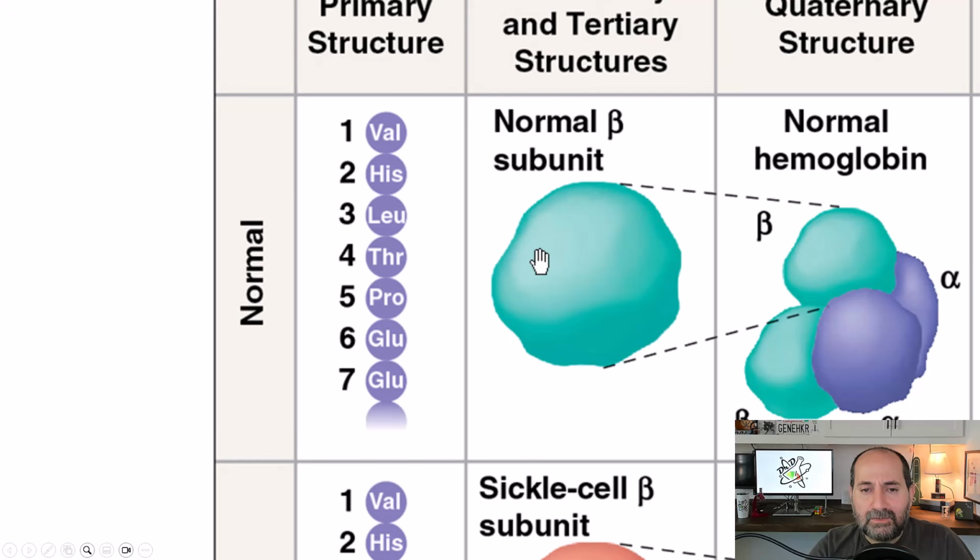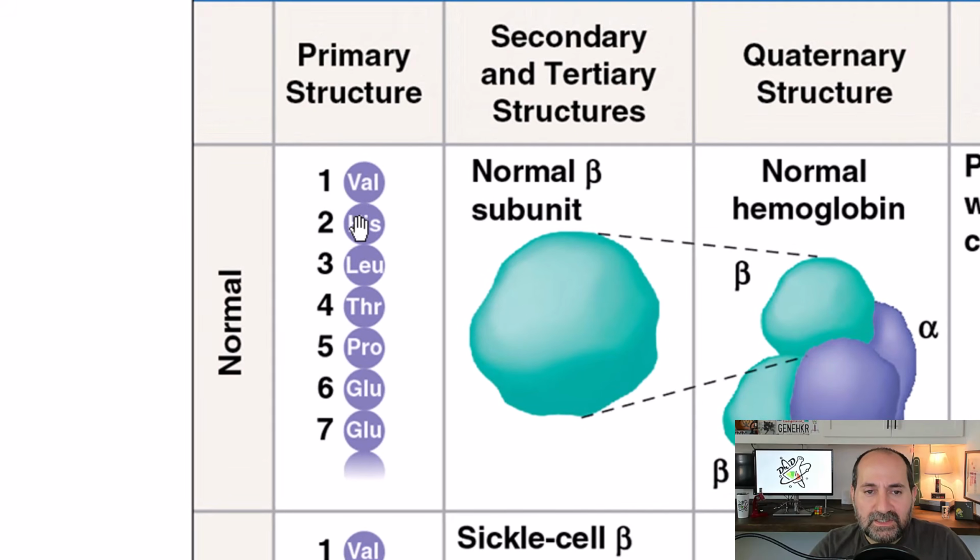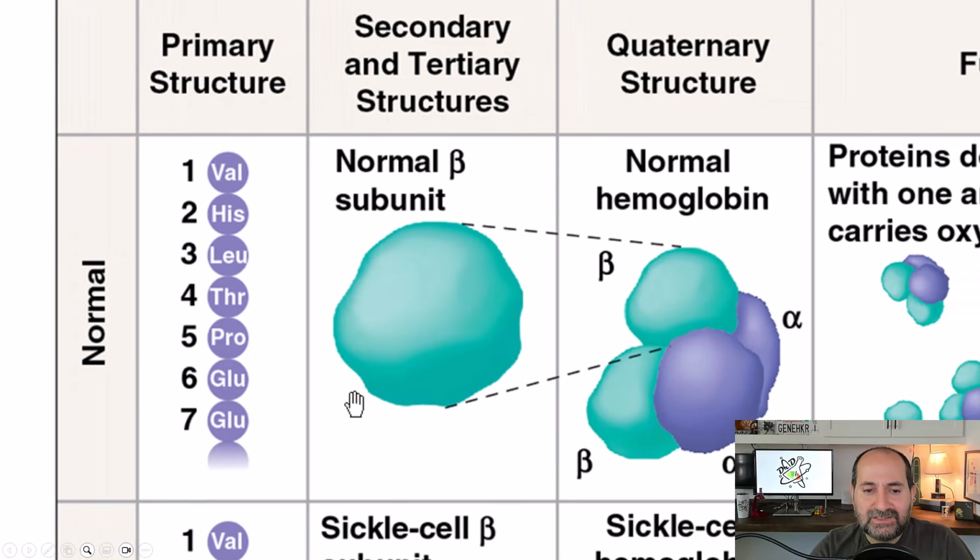Now notice when you have the proper primary structure, the proper list of amino acids in the proper order, this results in the pearl necklace folding correctly into the properly folded beta subunit. This is the tertiary structure of the beta subunit of hemoglobin.